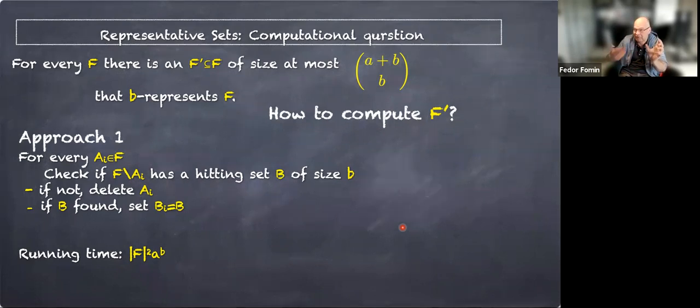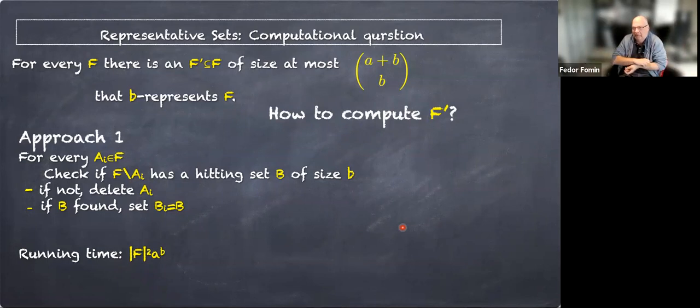I continue this way. So at the end, I construct a family of sets, the A_i's and B_i's, and I know that for every index i, A_i and B_i are disjoint, and I also know that for every i not equal to j, B_j intersects A_i, right?